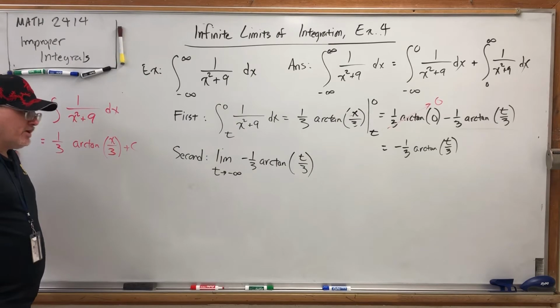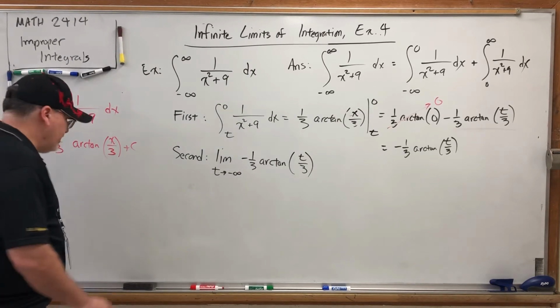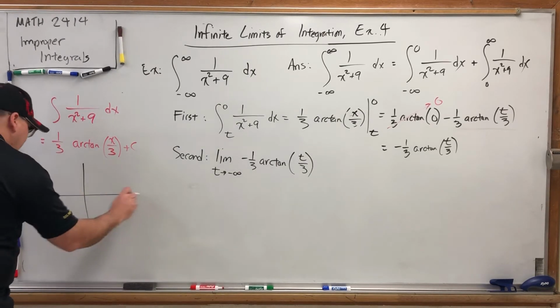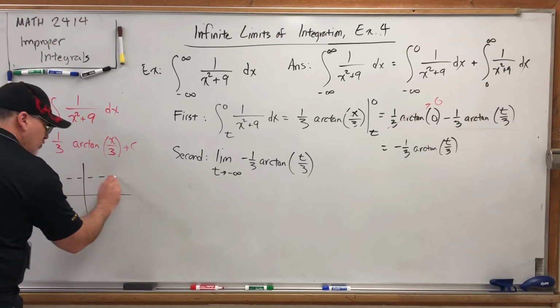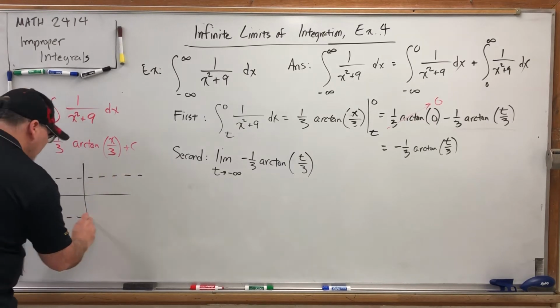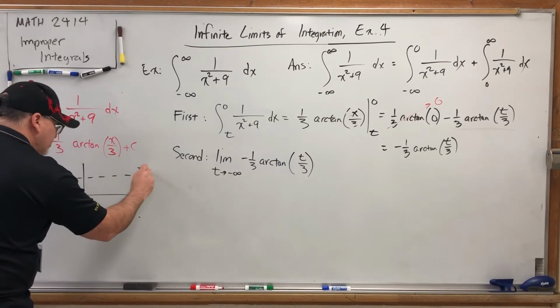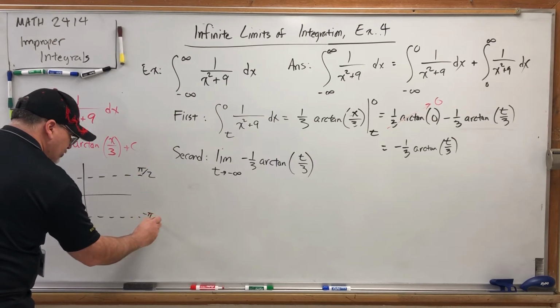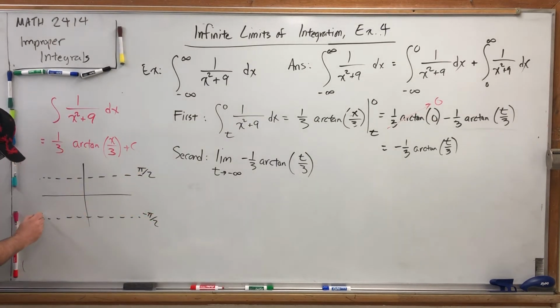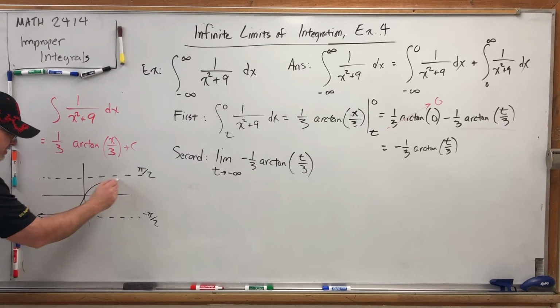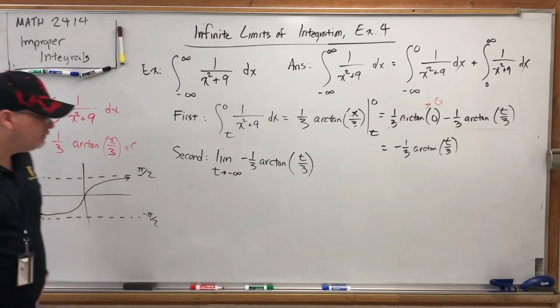This is where remembering the graph of arctangent comes in handy. Remember the graph of arctangent has 2 horizontal asymptotes. The one on top is at pi over 2, the one on the bottom is negative pi over 2. The graph starts low, hits the origin, goes up to the other asymptote.